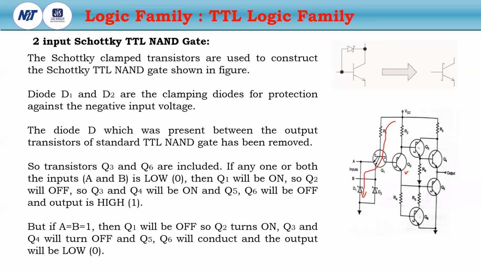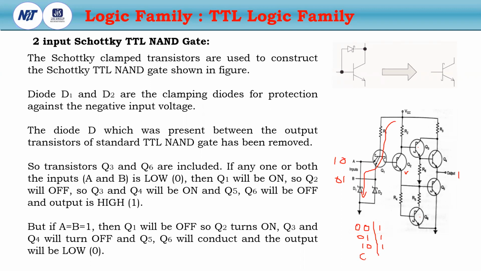So if A and B are 0, then the output will be 1. Now if any one of the inputs of this Q1 is 0, either 0, 1 or 1, 0, a similar operation will be done, so that will also give output 1.